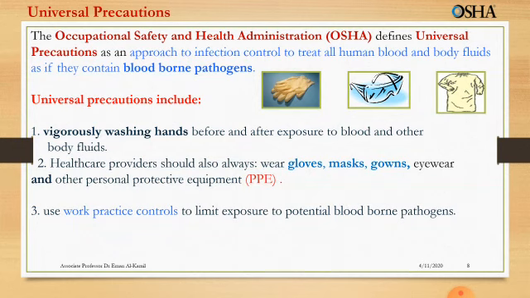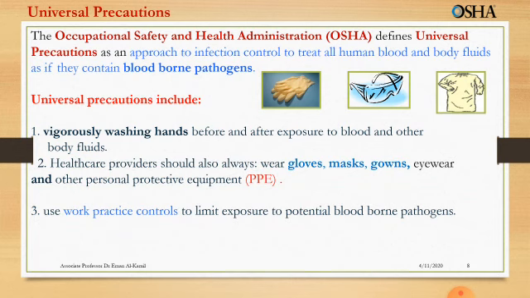As we mentioned previously, always deal with this material as if it has infection. So this is called universal precautions according to OSHA. Deal with all fluids as infectious material, and you should have certain precautions and protection when you are dealing with this material.